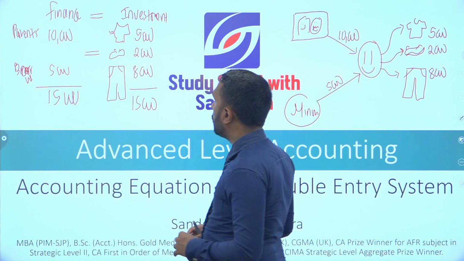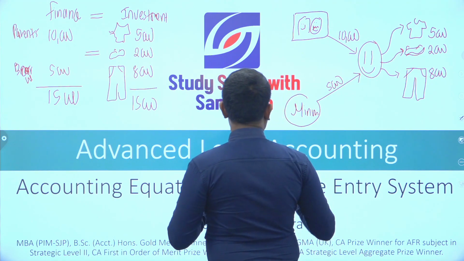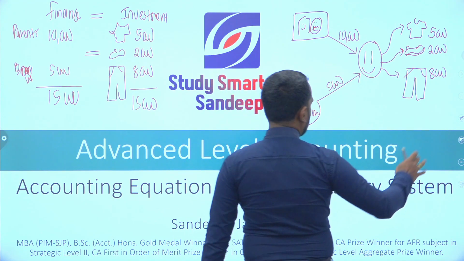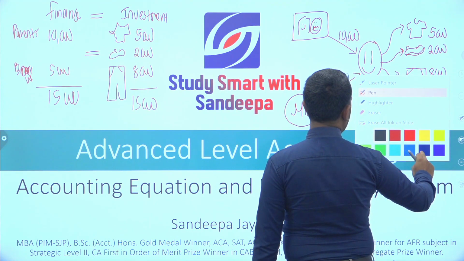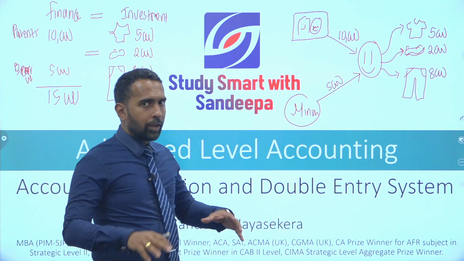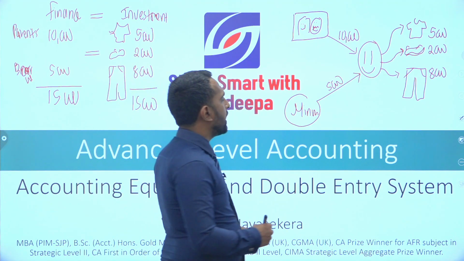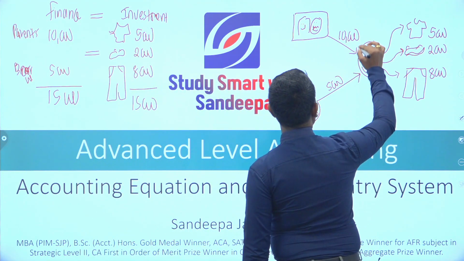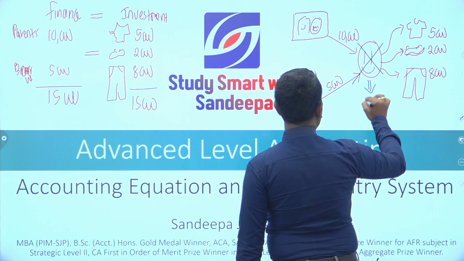Now what I'm going to do is, guys, I'm going to change these parties in my example. Let's change the people in this example a little, right? Earlier we took Ayomal as a person. Let's change Ayomal as a person into Ayomal as a business.